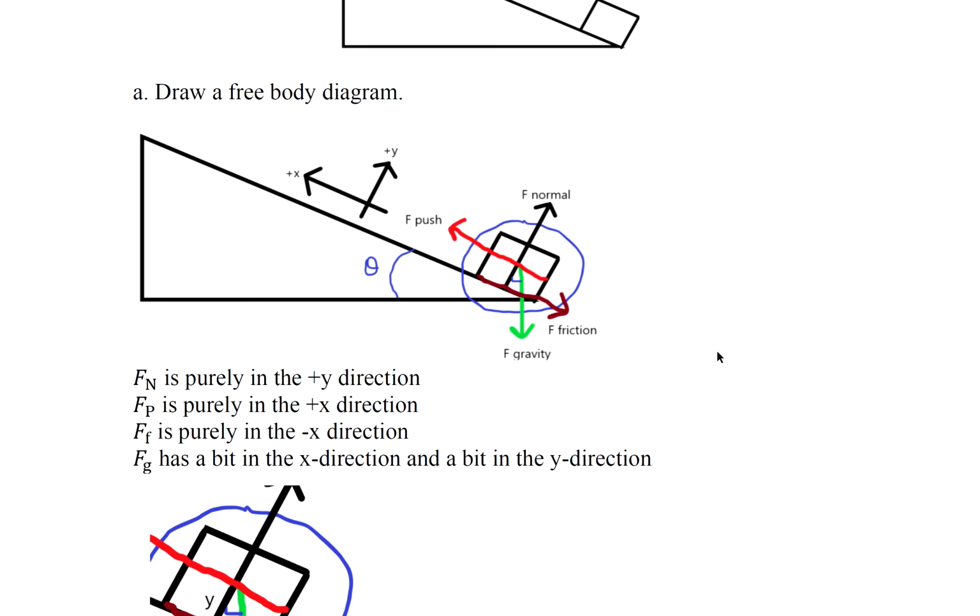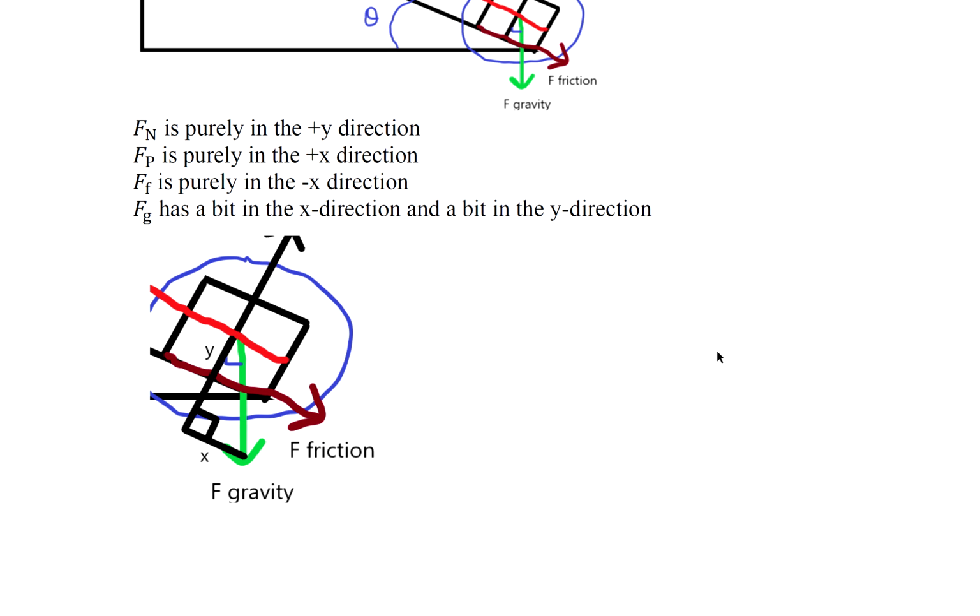Force of push is purely in the positive x direction. Force of friction is purely in the minus x direction. And force of gravity is a bit in the x direction and a bit in the y direction. Okay. You can see there's this right triangle here making up the force of gravity.